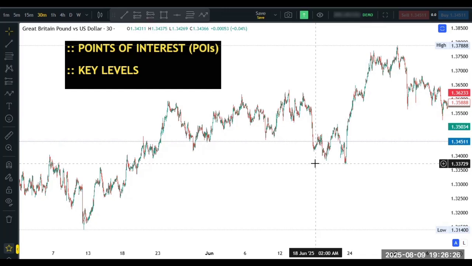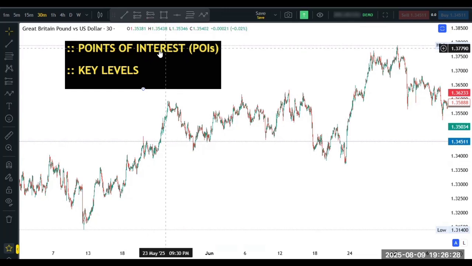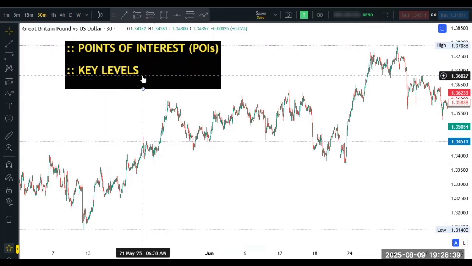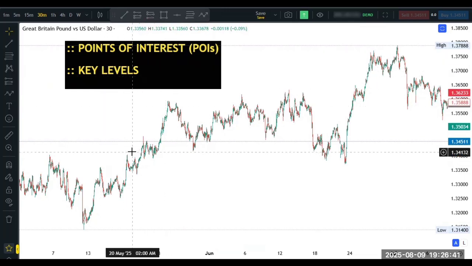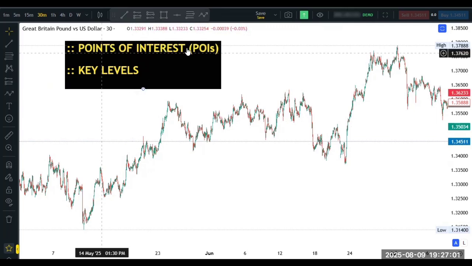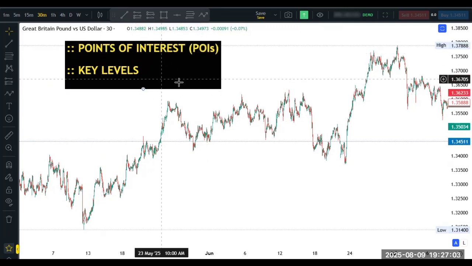So points of interest are also known as key levels. For one, we use them for exit points. When you are in a trade, you will target them as the exit points, because when price approaches there will be a reaction or a reversal of price. You can also use points of interest for your entries.